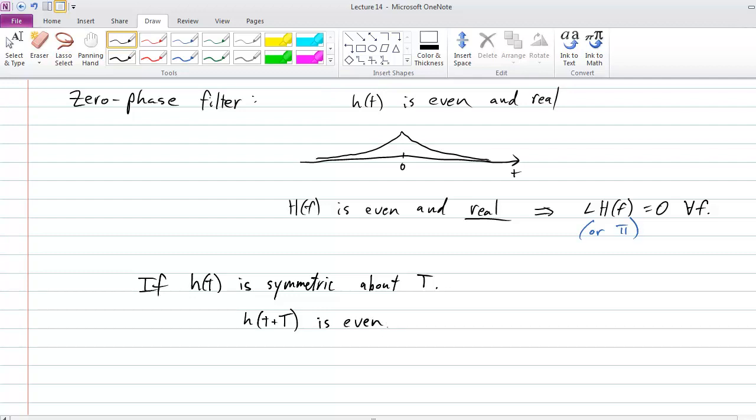Okay, and that means that h of f times e to the i 2 pi t f is real, 0 phase.